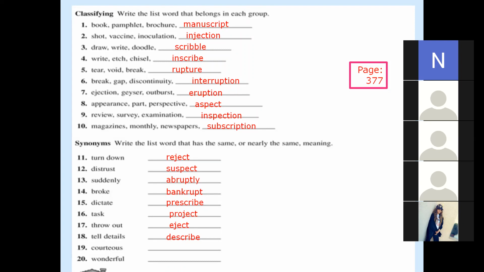Courteous. What? Courteous, I think. Respectful. No. I think courteous means mysterious or something like that. Maybe suspect.